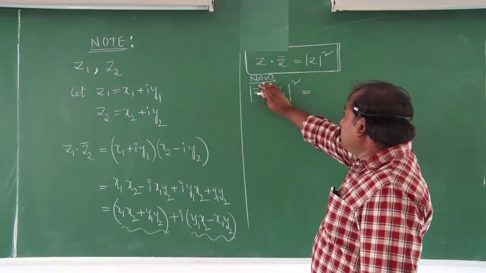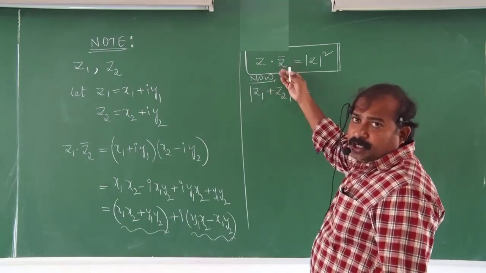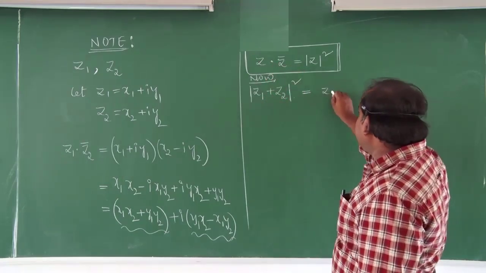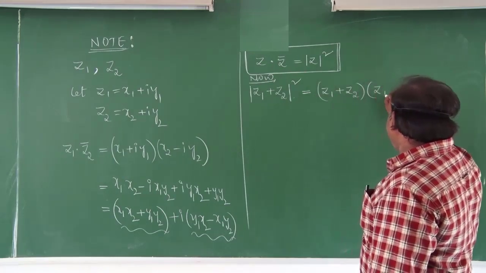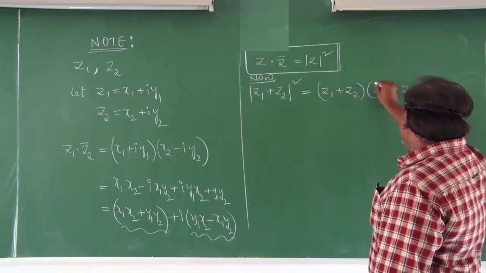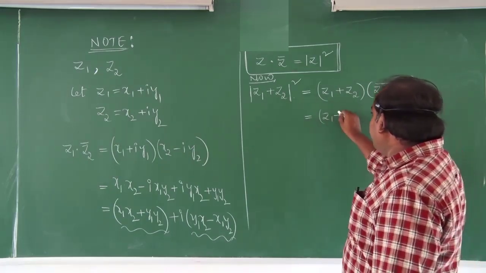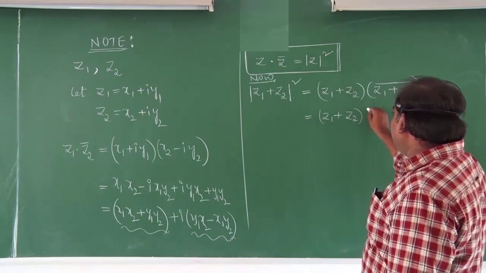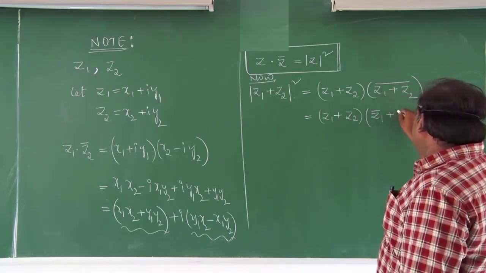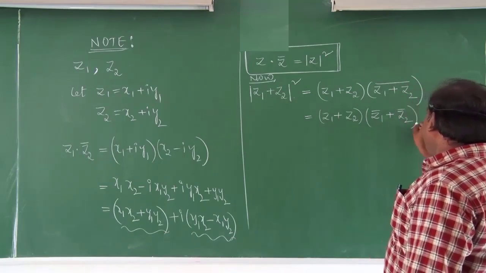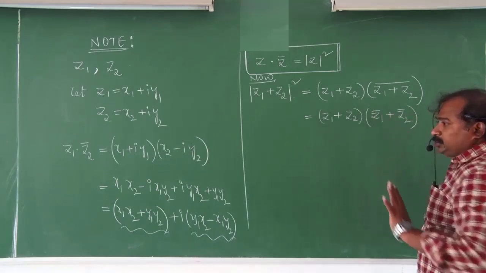This is the mod z square form. What is the mod z square value? z into z conjugate. So I can write this value as z1 plus z2 into z1 plus z2 whole conjugate. According to conjugate properties, z1 plus z2 whole conjugate equals z1 conjugate plus z2 conjugate.